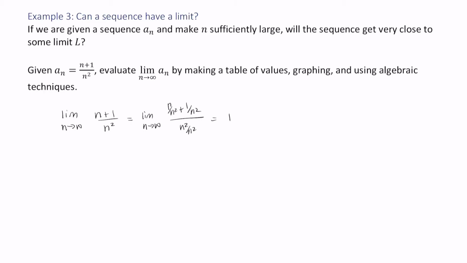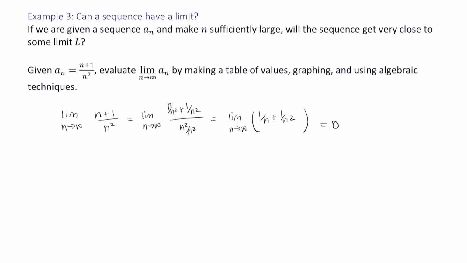This just becomes the limit as n approaches infinity of 1 over n plus 1 over n squared. Each of these individually, as the denominator gets larger, tends towards 0. So this limit is 0. It looks like our table of values, our graph, and our algebraic methods are all leading us to the conclusion that maybe the sequence does have some limit.